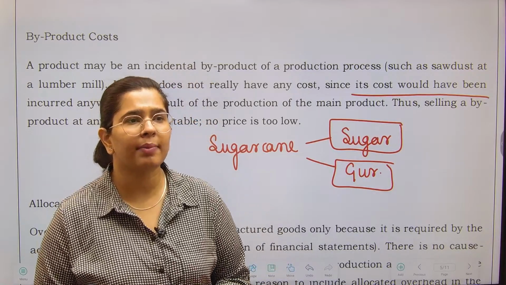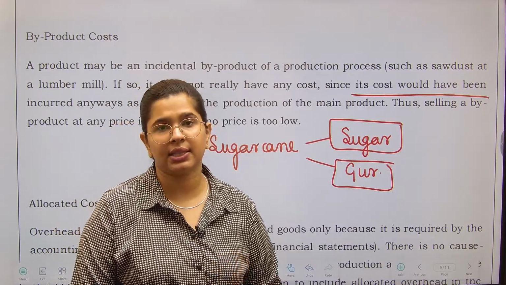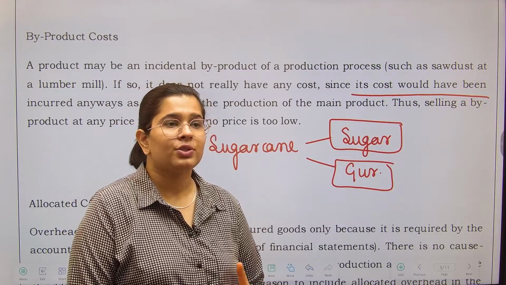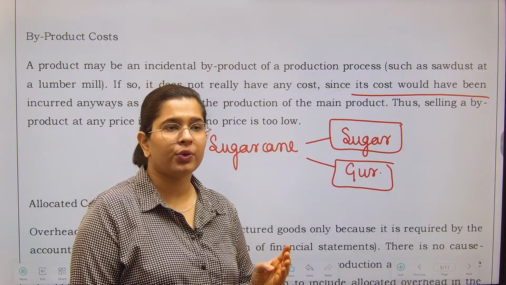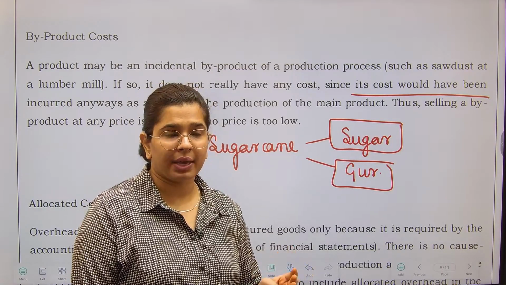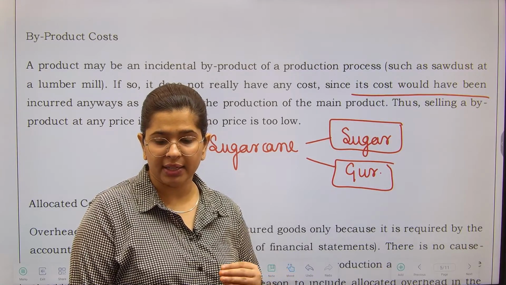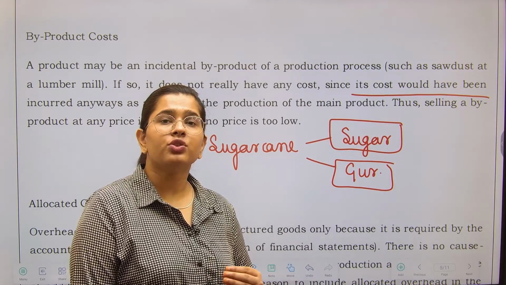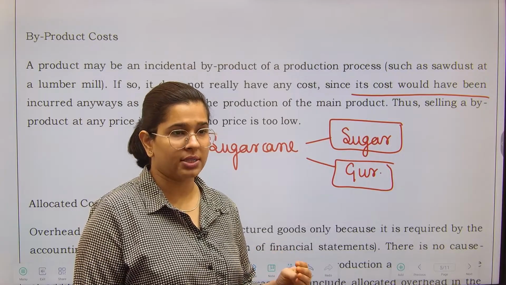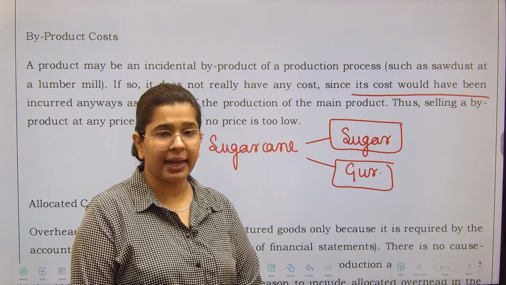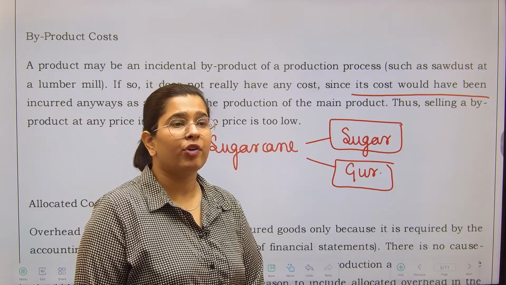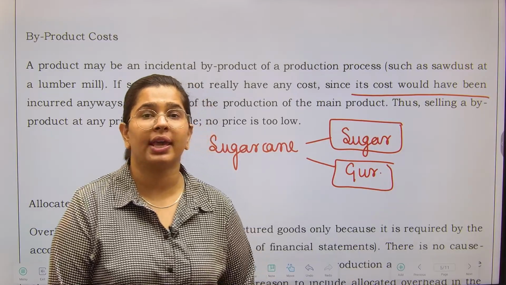Byproduct matlab when you are manufacturing. For example, you can take the example of crude oil. When you refine the crude oil, you get petrol, you get diesel, you get petrochemicals that are sold, you get the jelly, fine. So there are so many kinds of products. Out of one process, you wanted to get petrol and diesel, but what you are also getting is the petrochemicals, right?